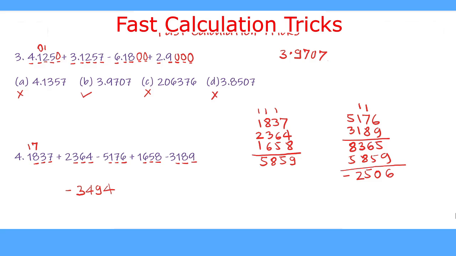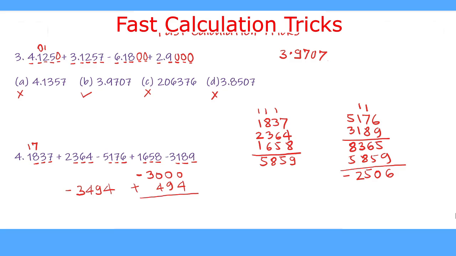And this is the mistake usually a student commits while solving digit by digit. In such a case, up to the 3 digits, the numbers are positive, but the 4th digit is negative. So what we should do, we should write minus 3000 plus 494 and then solve.